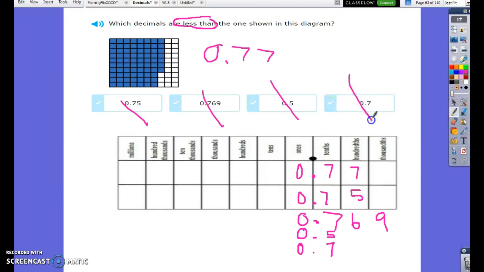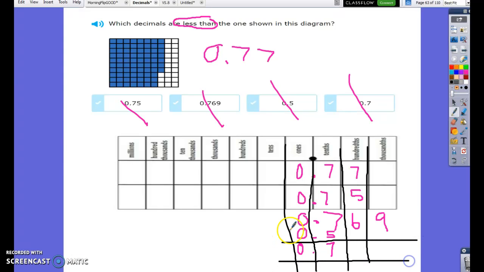Okay. Step 2 says we need to add zeros in any place values that are missing. So we might want to take this and think about place value. Okay. And then if we look, you notice these two have nothing there, these two are missing here and here.